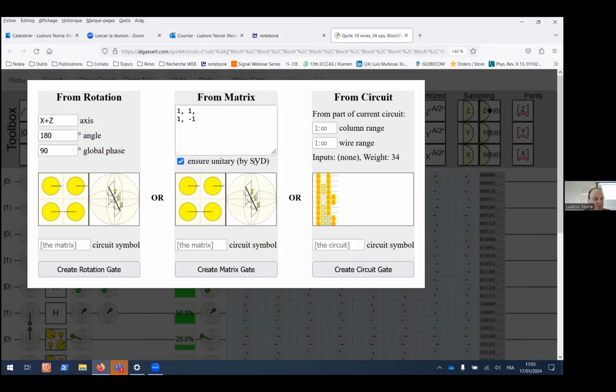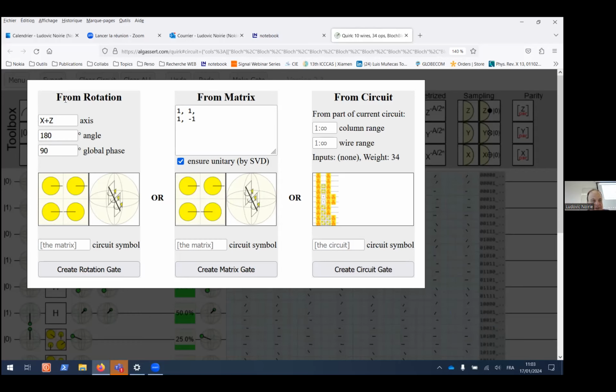You ensure unitarity, but it uses some singular value decomposition to get something that is unitary. And then it automatically normalizes the parameters to get this matrix, which is the same as here. And you see it as a rotation vector, as a rotation around the axis xy.